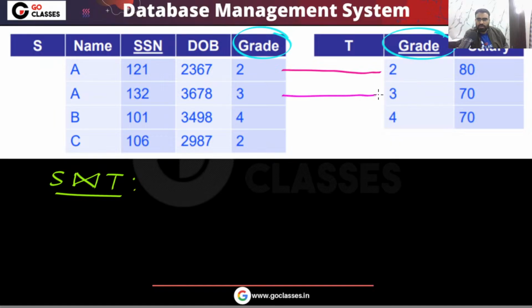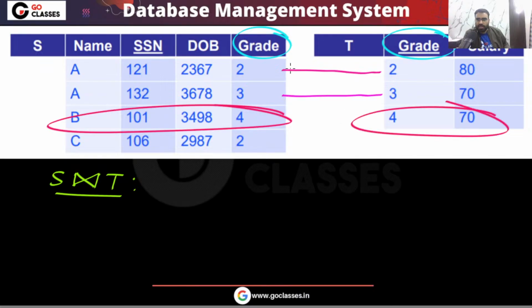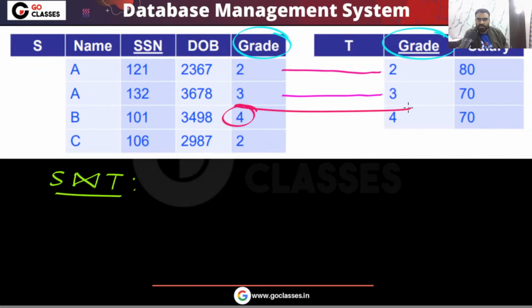Next, this third tuple of S will combine with the third tuple of T because here grade is 4, here grade is 4. And this fourth tuple of S will combine with the first tuple of T because here grade is 2, here grade is 2.